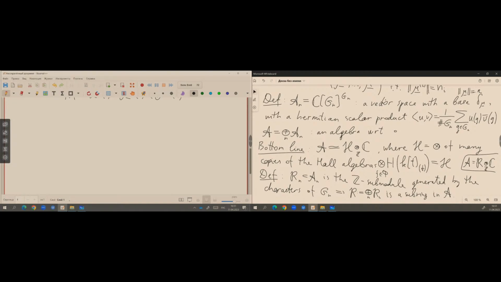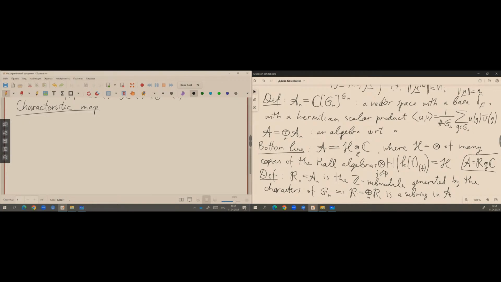Okay. And now again we repeat the Frobenius approach. So we construct a characteristic map from our algebra A or R to the algebra of symmetric functions.